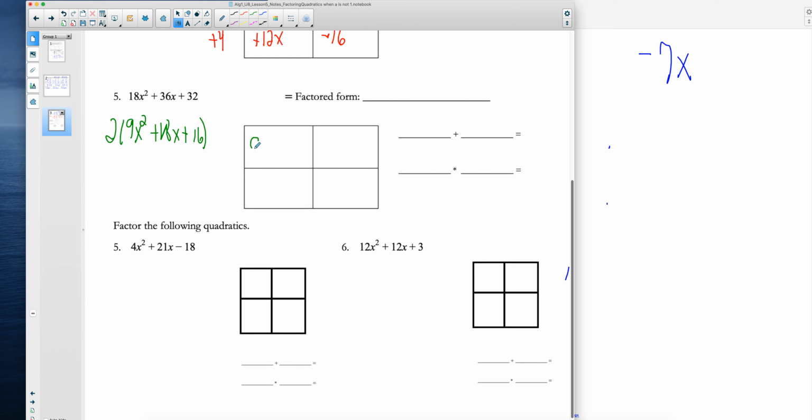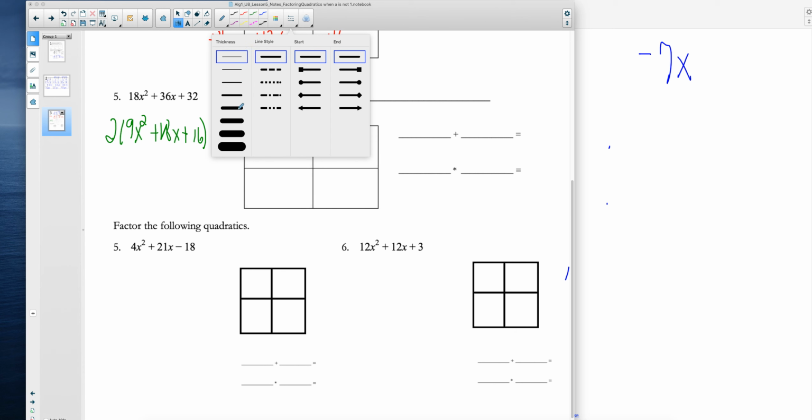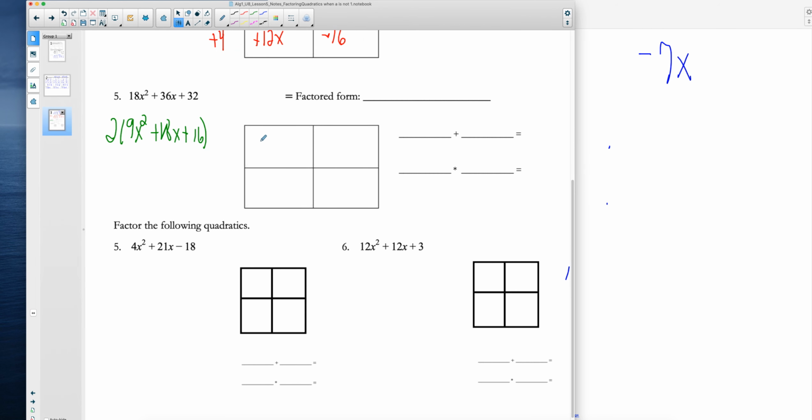You do your 9x squared and 16, and then when you do a times c, you get 144, and we have to add to be 18x.